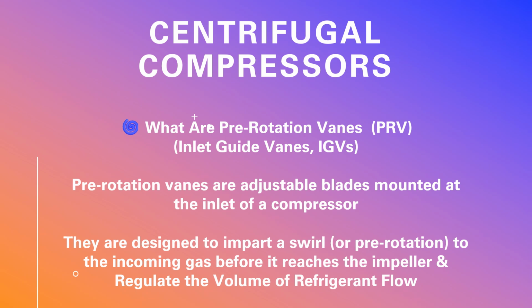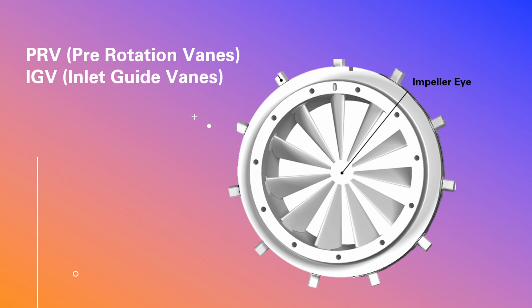So the PRV and the IGV are basically exactly the same thing. Here you can see an example of the pre-rotation vanes, otherwise known as inlet guide vanes. You can clearly see the eye of the impeller, and you can see the blades that rotate and regulate the amount of gas flowing through the compressor.